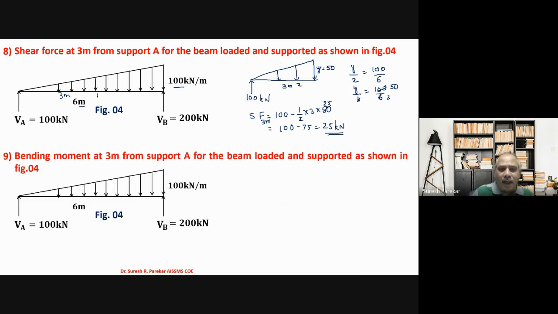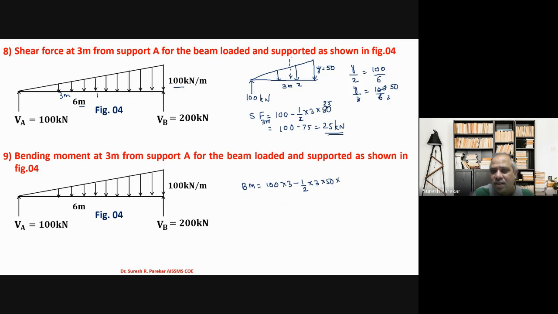Then we have to find bending moment at 3 meters. Now we are going to use the same approach. So bending moment equals 100 into 3 minus the value of the triangle, which is half into 3 into 50, and it will act here.